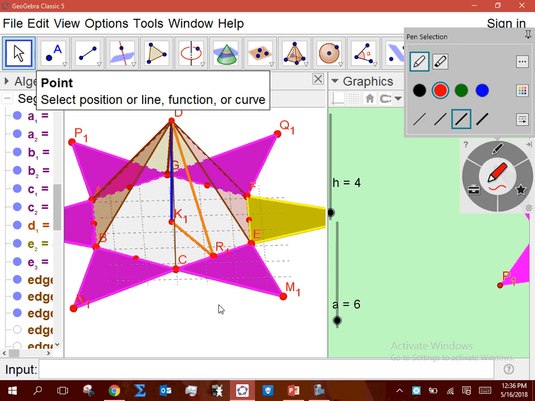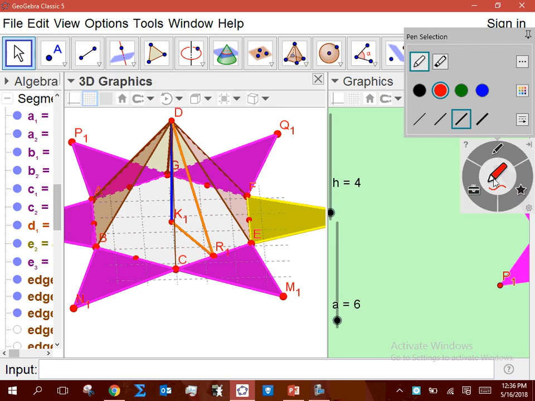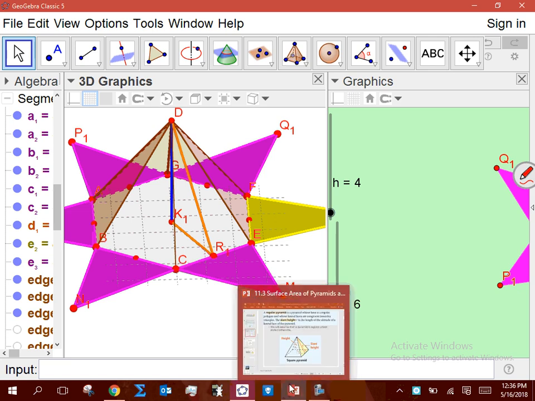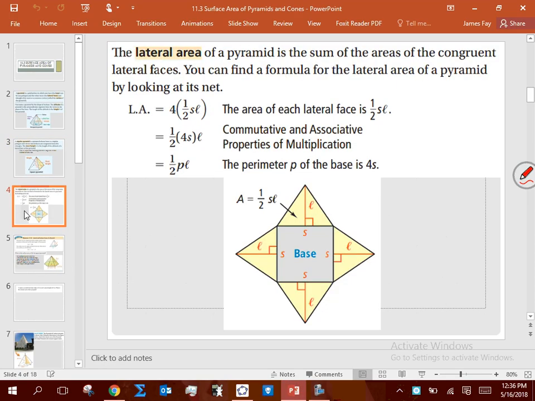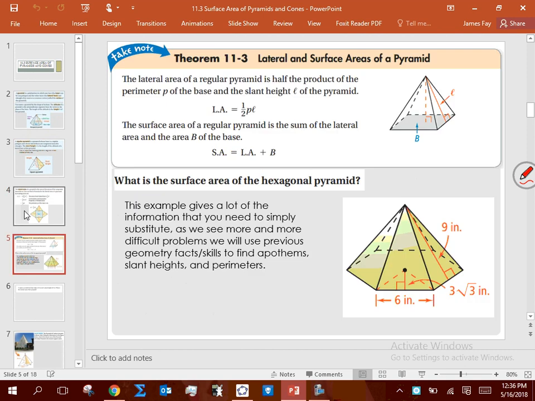But you might have to mess around with some other triangles based on what they provide you. Is it okay with everybody? So 1/2 PL is your formula for lateral area, okay? And then if I want to find surface area, well, how many bases do you have? Just one. So surface area for a pyramid is LA plus 1B.